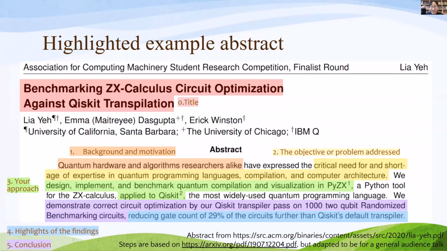As an example, here's the example abstract with those steps from the previous slide highlighted. I chose this one because it was short, just 3 sentences. This was a paper that was accepted to the final round of the ACM Student Research Competition that I wrote; there were 12 undergrads worldwide that were accepted.